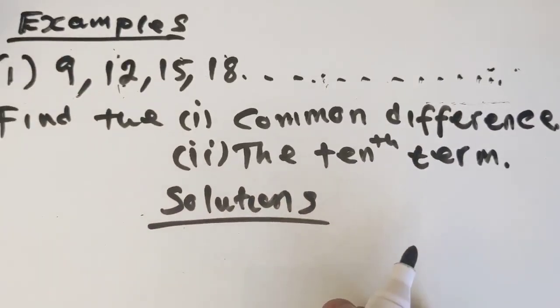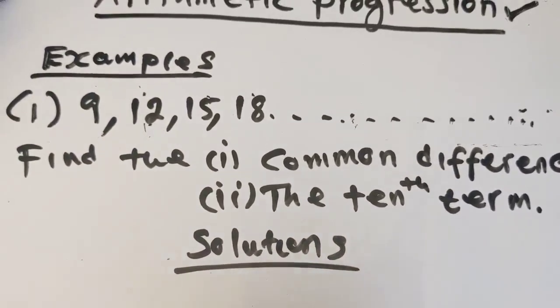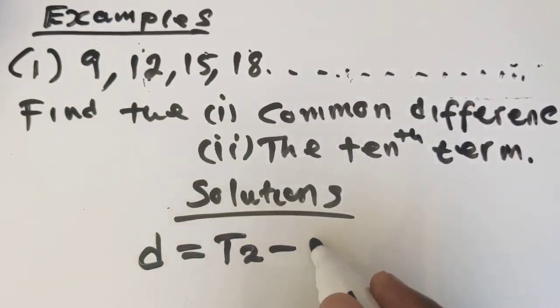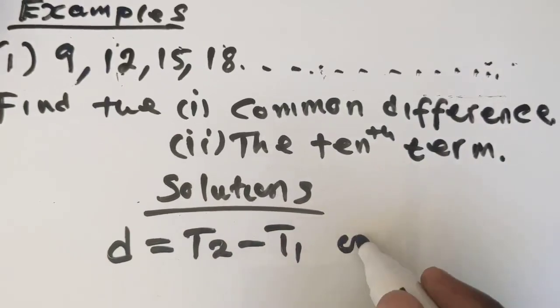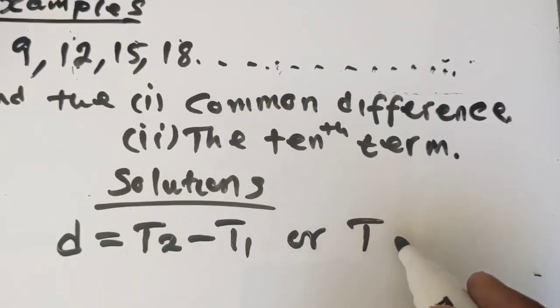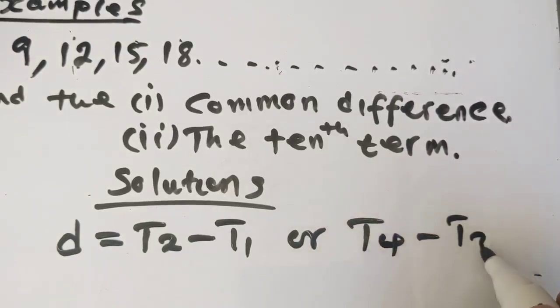If you want to find the common difference, the formula for the common difference is denoted by d. It is equal to term 2 minus term 1, or you can use term 4 minus term 3.